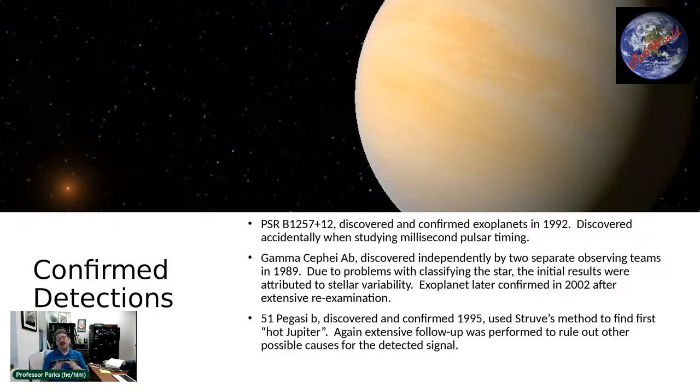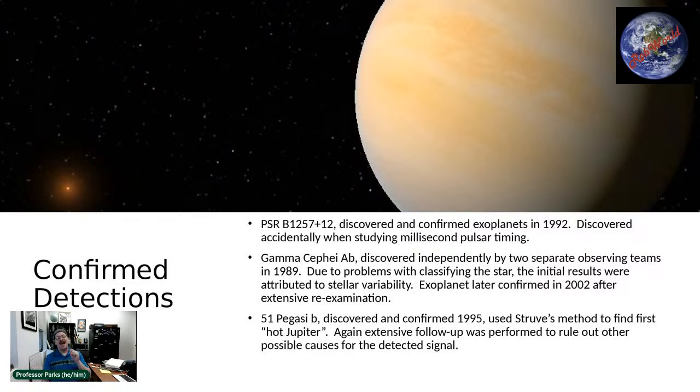What they found with 51 Pegasi b is that, and also Mercury is about 4/10 of the distance away from the sun as the Earth is. So if the Earth is at 1 astronomical unit, then Mercury is at 0.4 astronomical units.